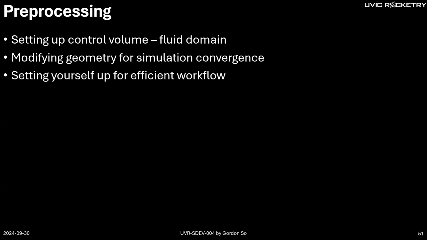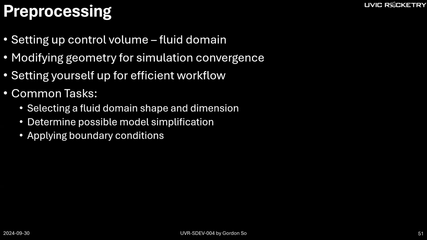You also want to set yourself up for a really efficient workflow, because each CFD solving sequence is so time consuming. The fact that we can talk about 80 minutes, no, 70 minutes now already shows how complicated a CFD could be. So the key point here is to be efficient and not make as many mistakes.